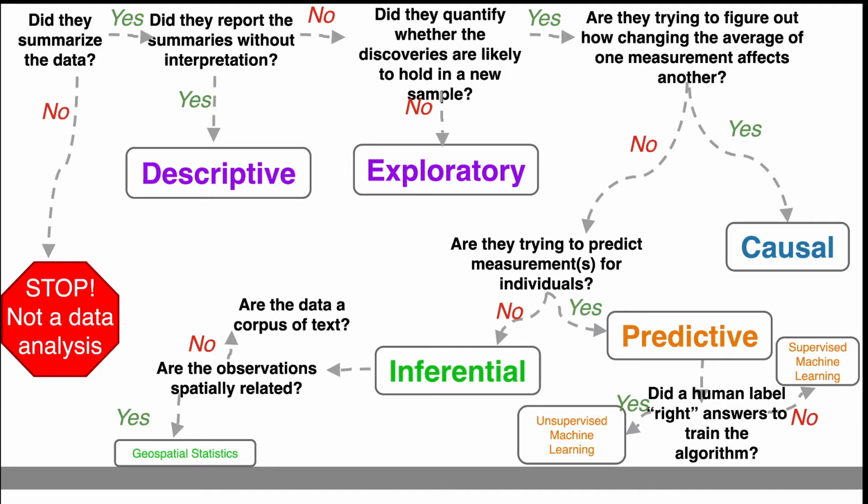So a corpus of text is a big group of text. And if you're working on text data, maybe you're trying to understand, is a particular book best categorized as a drama or a comedy or something like that, then you might be doing this kind of text analysis work.